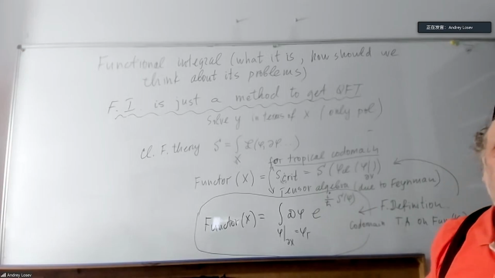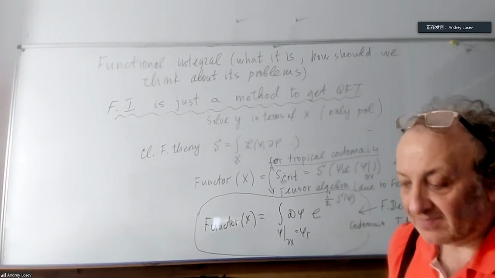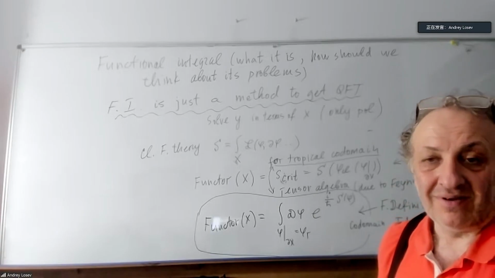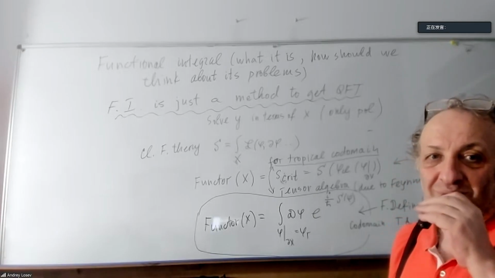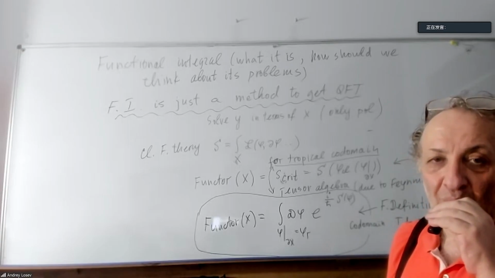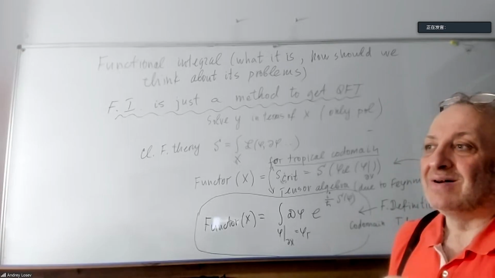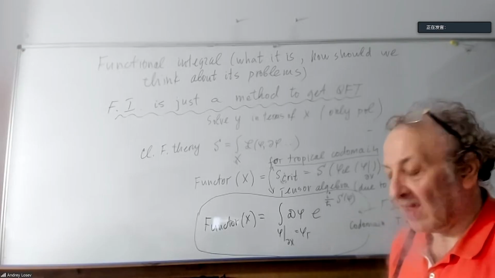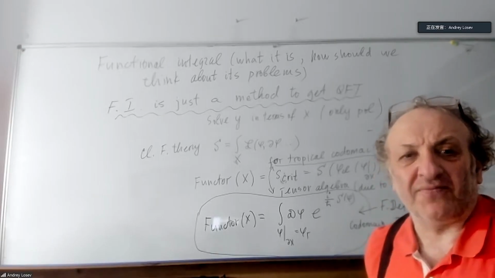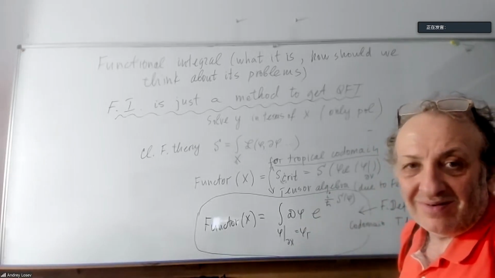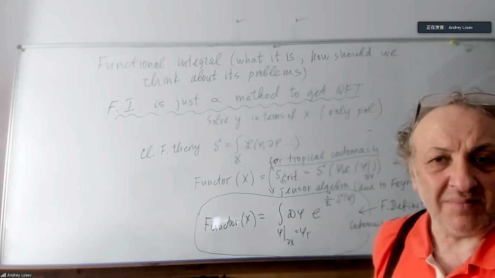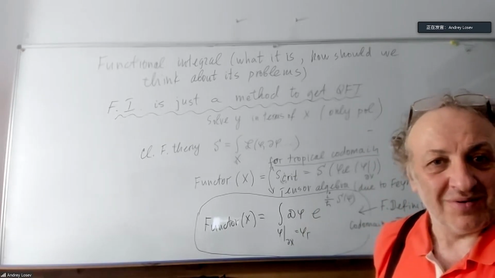Actually, it was not Feynman who insisted. It was Dyson who made Feynman write it down. So as you know, Dyson locked Feynman. Feynman was going around and talking about it. Then Dyson told him, please write it down.